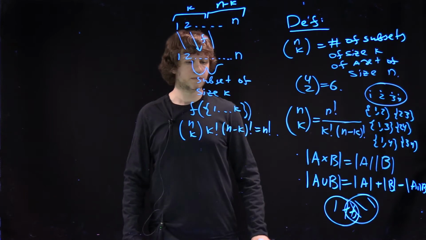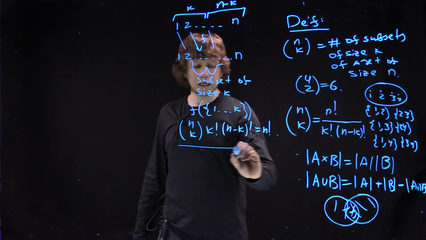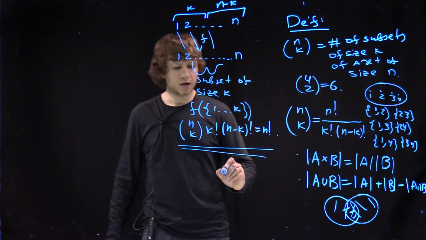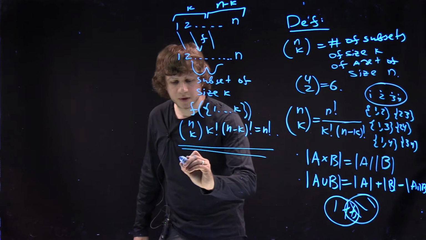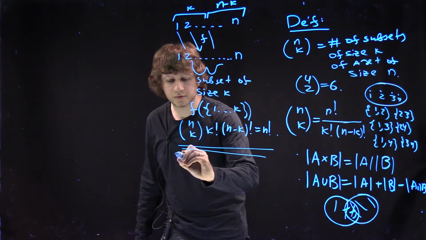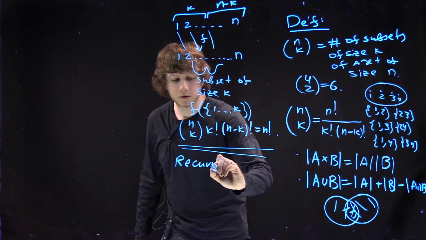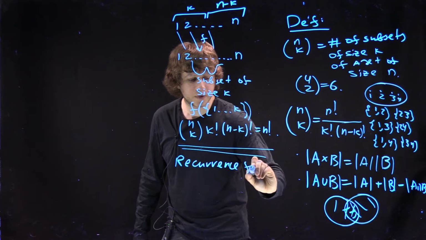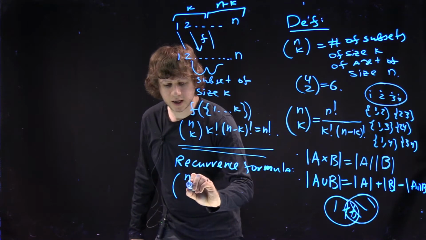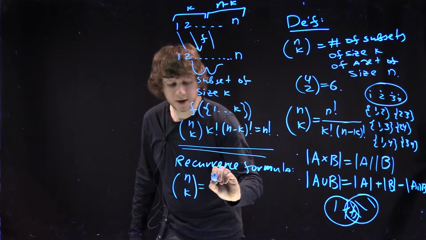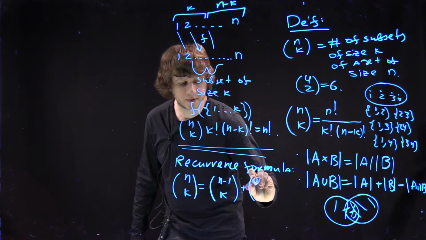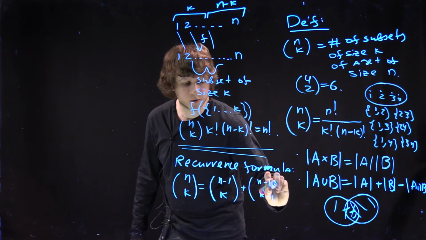Maybe more fundamental than this formula is a recurrence relation. This is called the recurrence formula: n choose k equals n minus 1 choose k plus n minus 1 choose k minus 1.